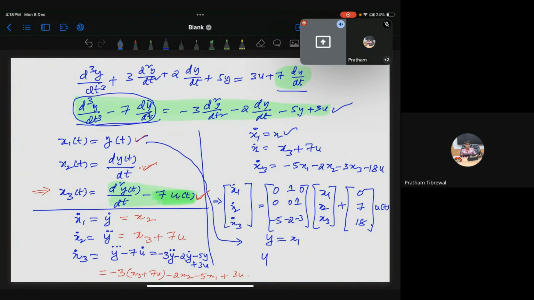I can write this as 1, 0, 0 times X1, X2, X3. Am I correct? Yes, sir. So this is your A matrix, B matrix, C matrix, and the D matrix is 0. That is a zero matrix. This is the C matrix.